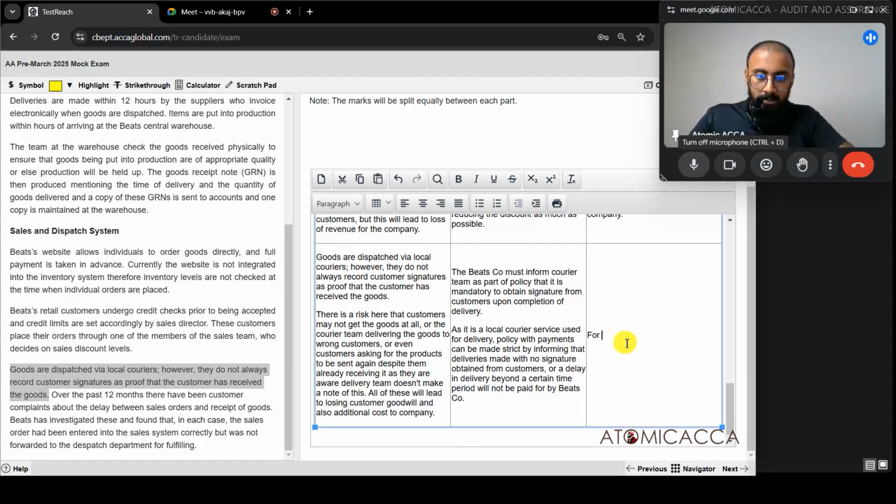For a sample of deliveries completed, confirm that these delivery notes are signed by the customer and accepted. Okay, so we're checking whether the signature is there or not.